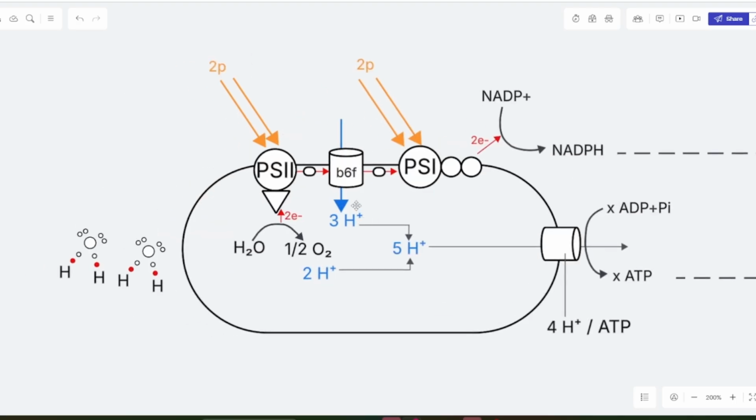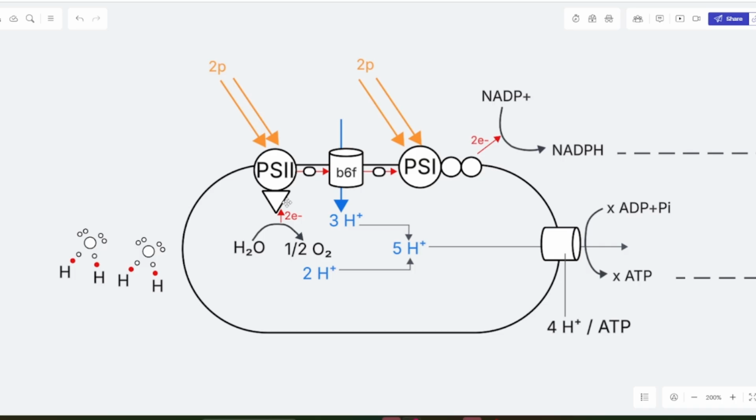So now looking over here at these different steps, we'll start off with water. For every one water molecule that goes through this reaction, we're going to oxidize that water, and we're going to liberate 2 electrons that are going to be transferred to photosystem 2 via this triangle here, which represents the oxygen evolving complex.